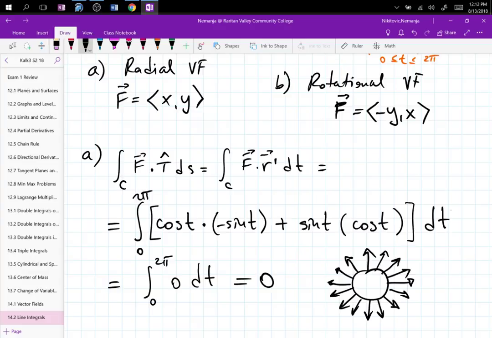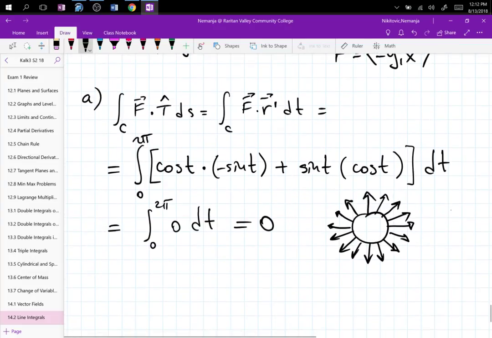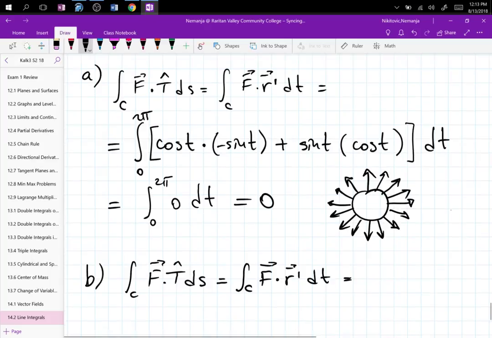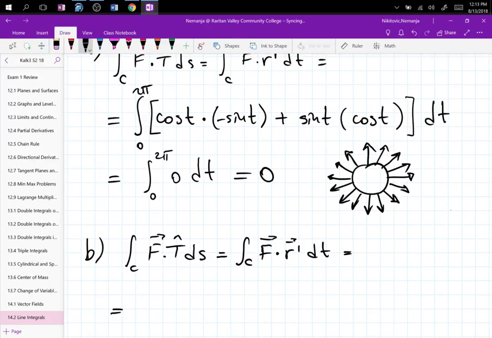All right. Now, if we do the rotational vector field, we better find something. Part B. Same spiel. F dot ds, which is the F dot r prime dt. And now what do we have? Well, we start with negative y, 0 to 2 pi.